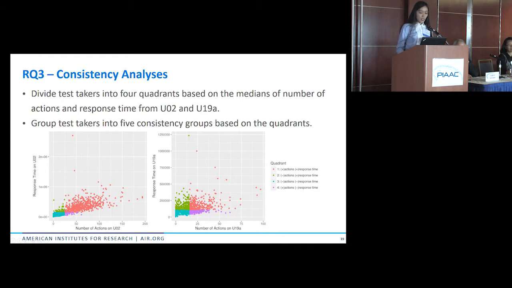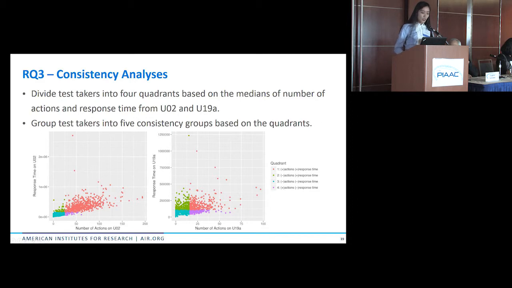Here in this study, we use the most dominant features that were found in research question 2, that is the number of actions and response time. We use these 2 features to group the test takers into 4 quadrants. And then based on the 4 quadrants, we can group them into 5 consistency groups.